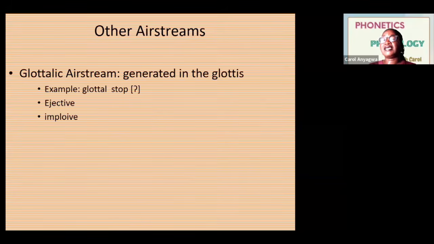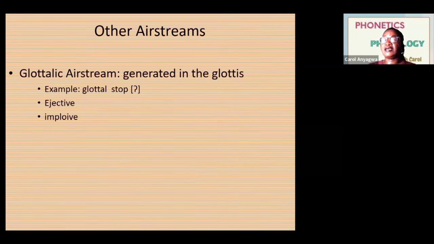We have the glottalic airstream that is generated in the glottis. The glottis is that space, that opening between the vocal folds in the larynx. And this is the airstream that is responsible for the production of the glottal stop, some ejectives and implosives.